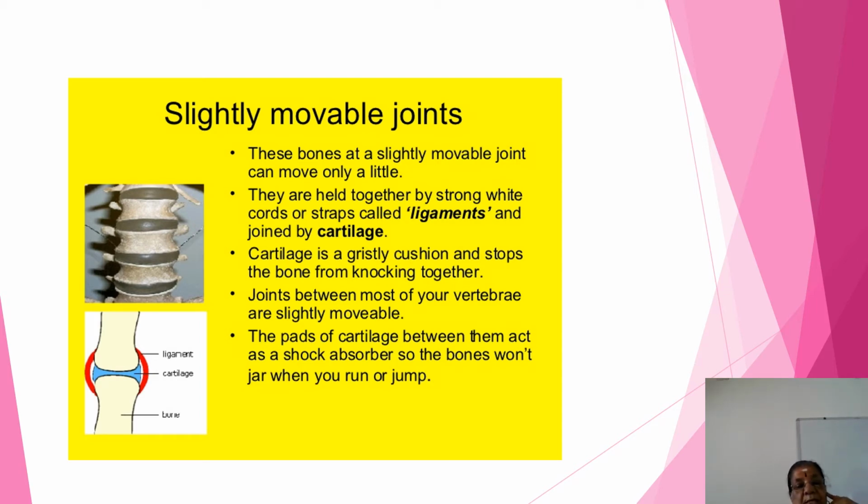That is for slightly movable joint. In the first diagram the vertebra is clearer. In the last part of this presentation I have given the structure of a typical vertebra. That I will explain further. I hope you understand. Shall I go to the next?